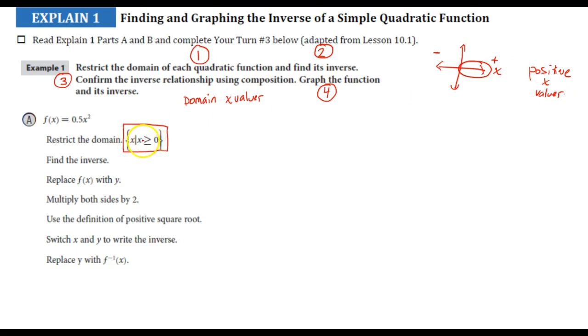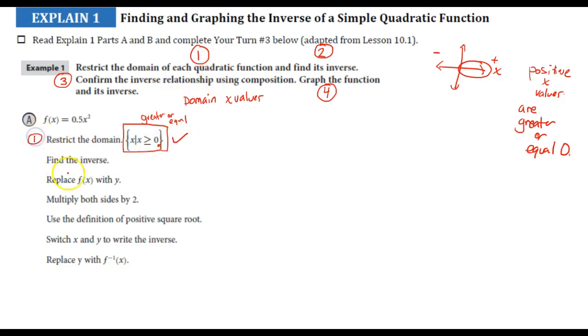This is a more fancy way of saying it, where all my x terms are greater than or equal to 0. And that makes sense because all positive numbers are greater than or equal to 0. Alright, so that's the first thing we've done.